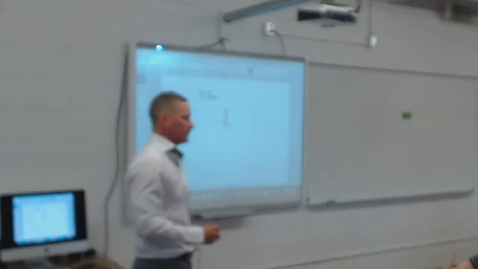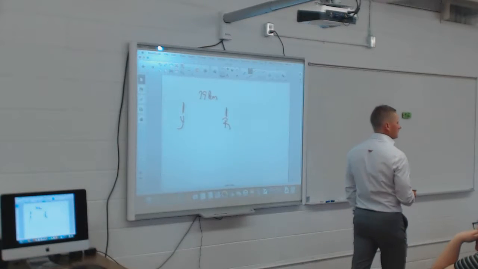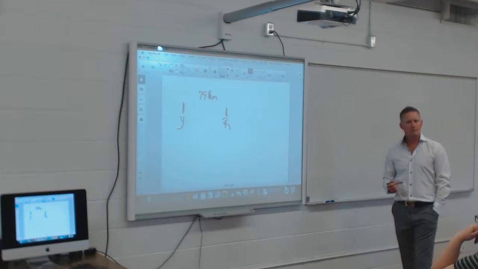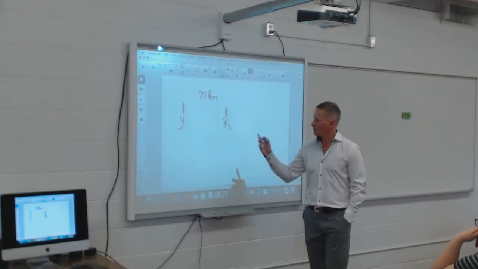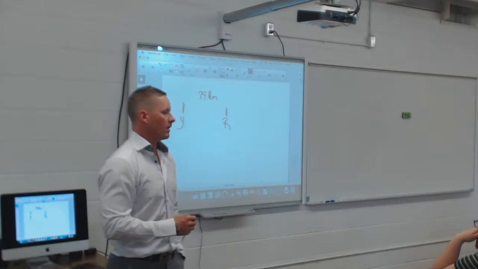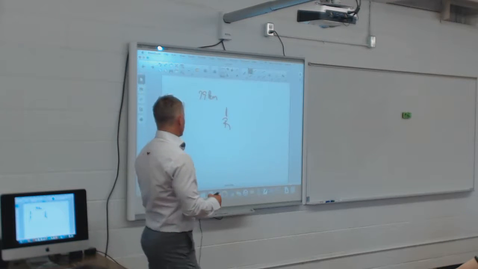That was easy enough. What's the displacement? If I go from Roblin to Yorkton? Be more specific. We know it's 79 kilometers west. 79 kilometers to the west.